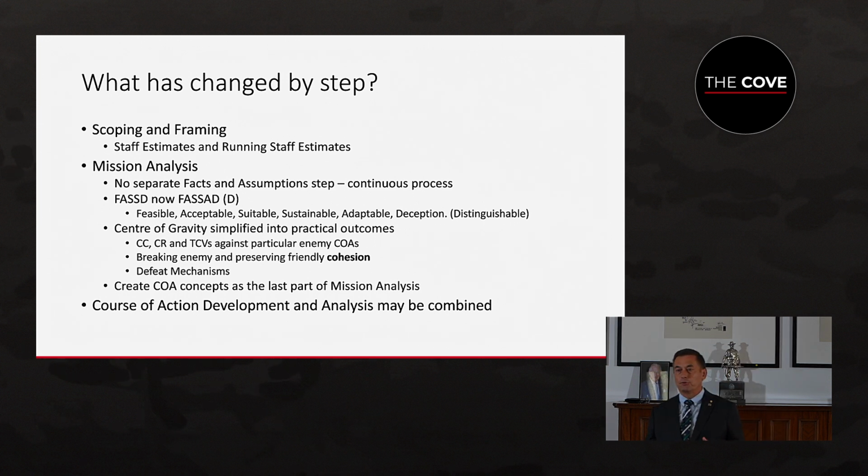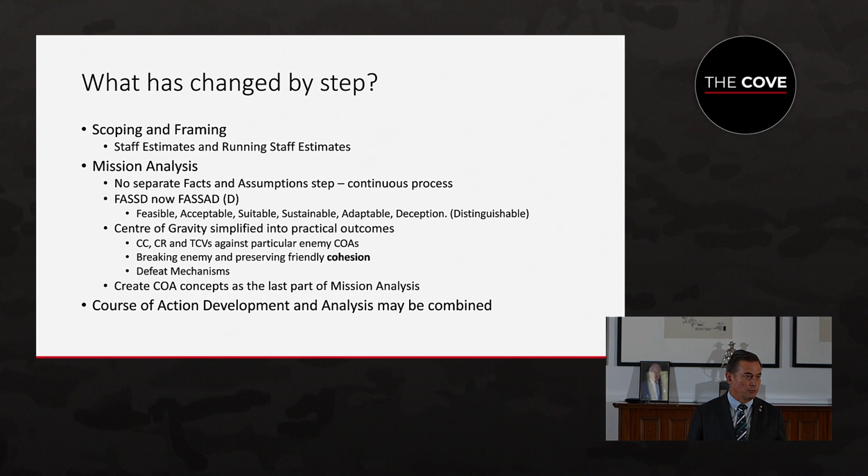Okay? Or in this case of the brigade or of the division. If you're the 3, you will start the process with the status and location of your units. Okay? And it's called a running staff estimate because it changes as they change. So you will actually bring that to planning. It's a key input to planning.